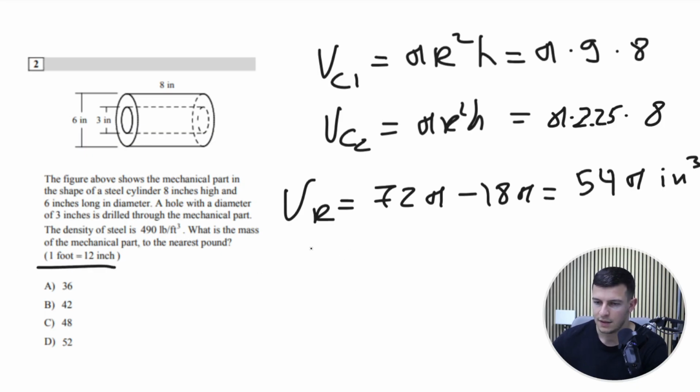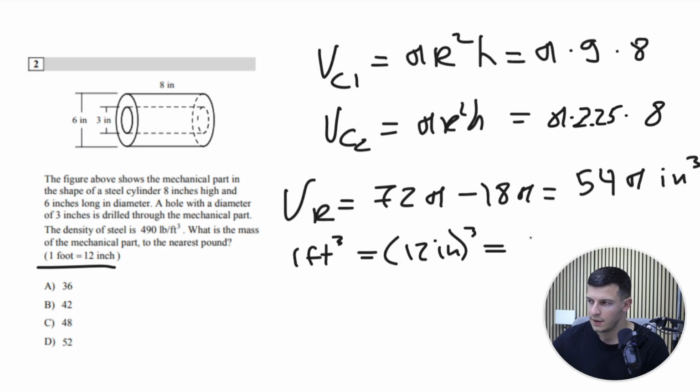That means 1 foot cubed is going to be 12 inches cubed. And what is 12 times 12 times 12? 1728 cubic inches.